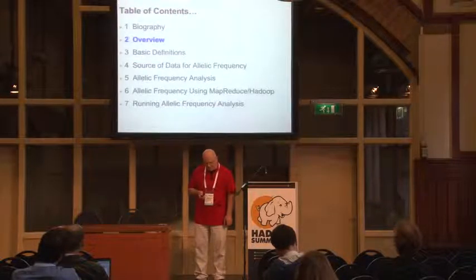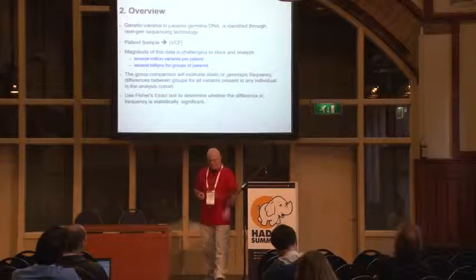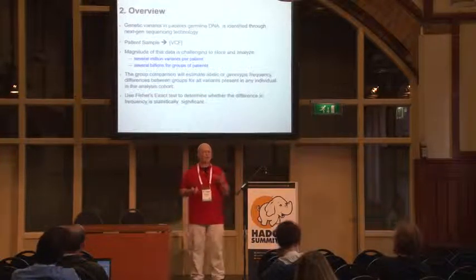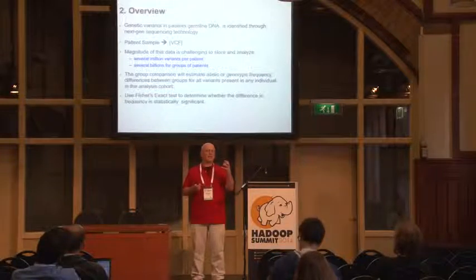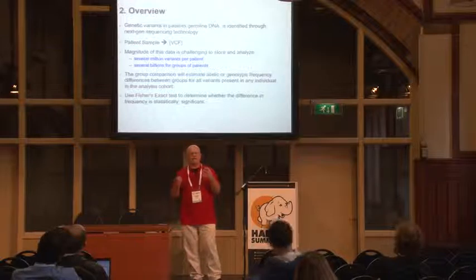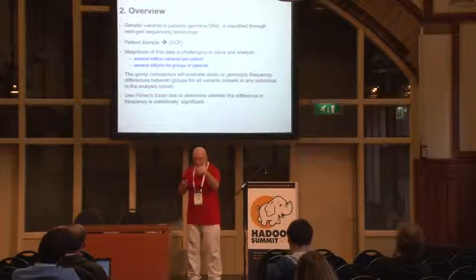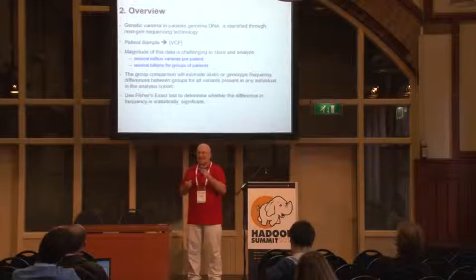Next, I'm going to talk about the overview, what we want to do. As you see from this slide, from a patient sample, we create a VCF. What's a VCF? It's a variant call format. Those are the differences, the 5% that I was talking about, expressed in the variant call format.